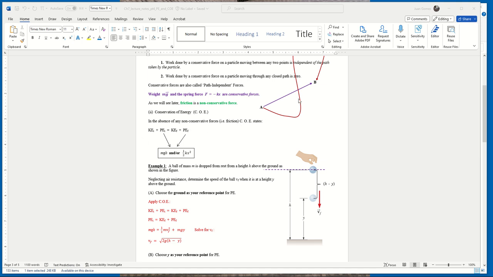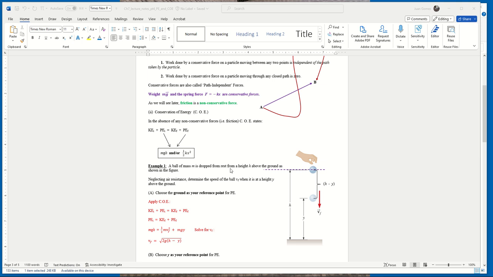And again, don't let system confuse you. Typically the system will be one or more objects, and if there are two or more objects, they're typically connected via a string that goes over a frictionless pulley. So we have KE initial plus PE initial equals KE final plus PE final.